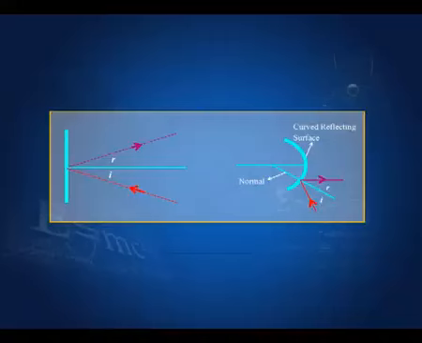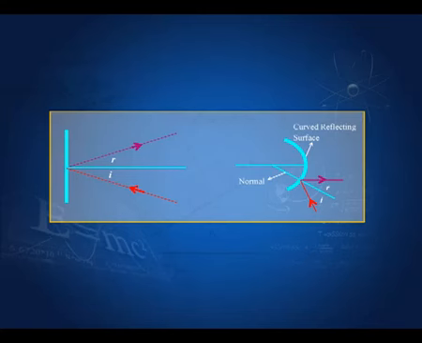The law of reflection, that angle of incidence is equal to angle of reflection, is obeyed whatever the nature of the surface. The plane surface, here I have got the curved surface, light is incident like this on the outer surface. This is the normal from the center of curvature, this is the normal, and the light gets reflected along this direction.